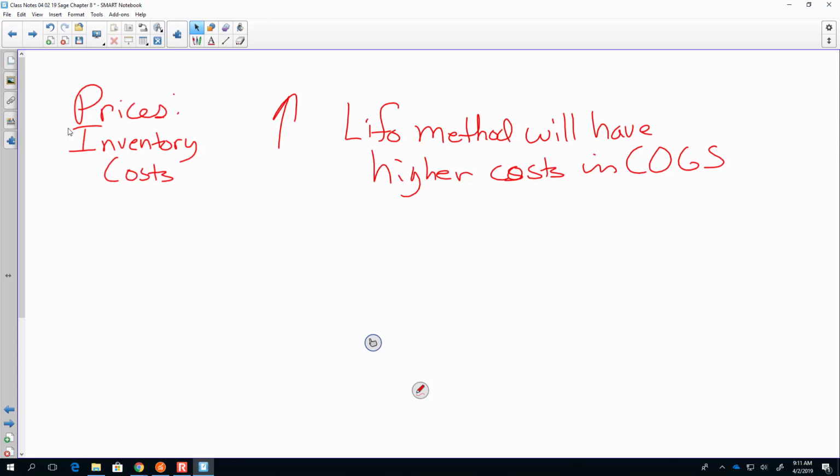So for tax purposes, a lot of clients will use LIFO method. Because of inflation, in most cases, costs are going up, right? And that's why they use that method then, to have a lower taxable income. So just be aware of that.